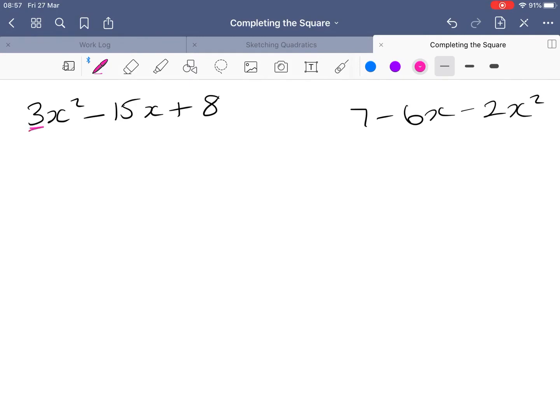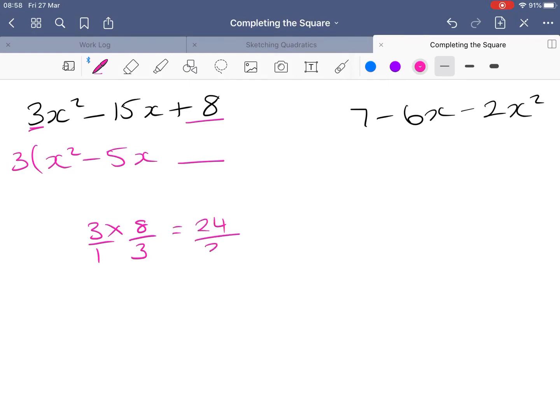So here I need to take out a factor of 3. So I've got x squared minus 5x. And now we're going to end up with a fraction on the end, because 3 times what makes 8? Bit complicated to think about, but if I did 3 times 8/3, think about multiplying fractions, times the tops, you'd have 24 over 3, and that would simplify to make 8.